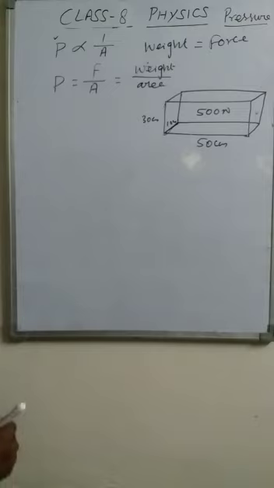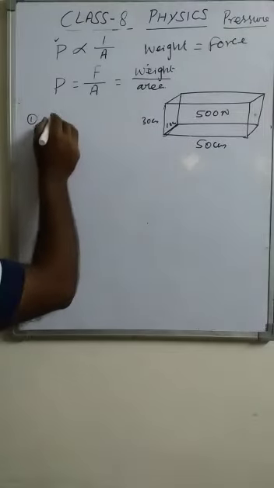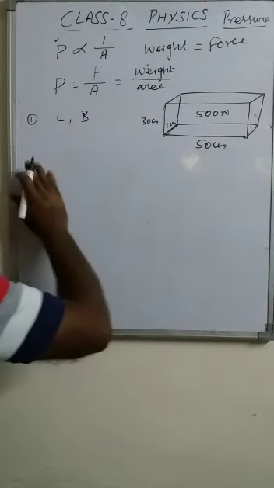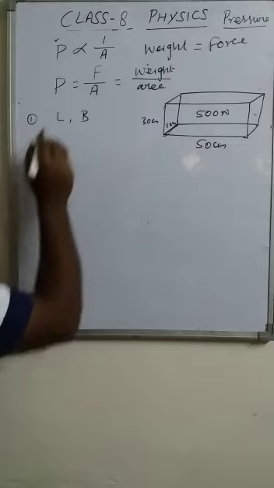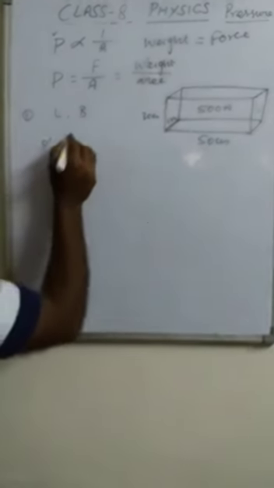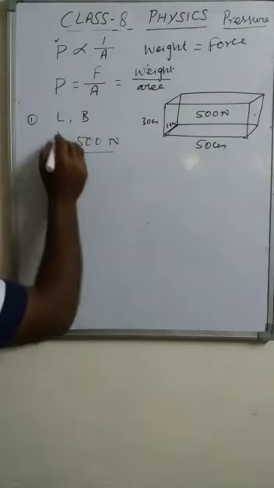Now if we take the first case, in this case length and breadth are placed on the surface. Then pressure is equal to force, that is equal to weight, 500 Newton, upon length into breadth.